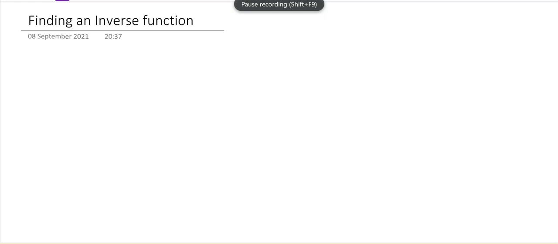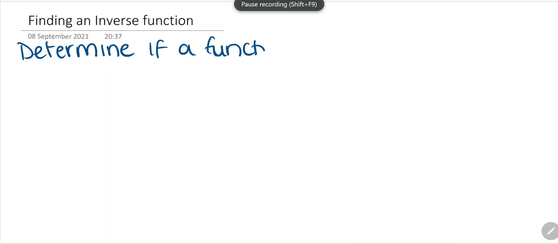So first of all, we're going to determine if a function is 1 to 1. So does it have an inverse?